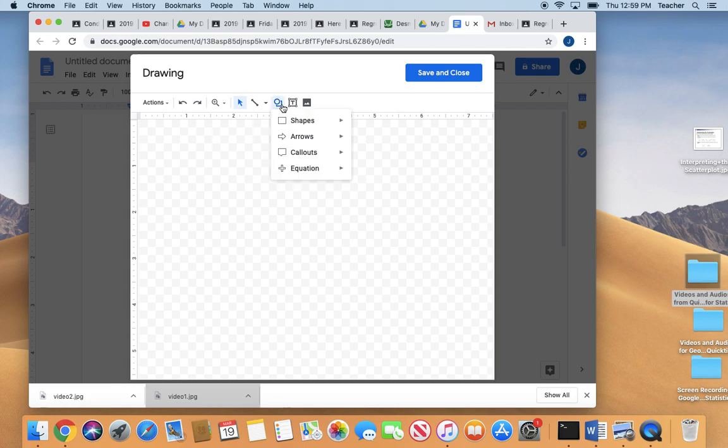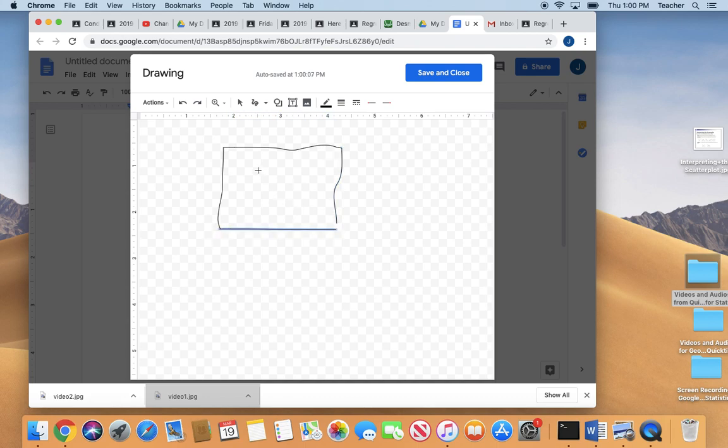Here's my outside rectangle, and I'm going to draw my two circles, with the part that overlaps.